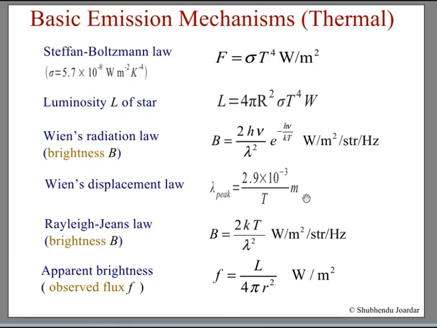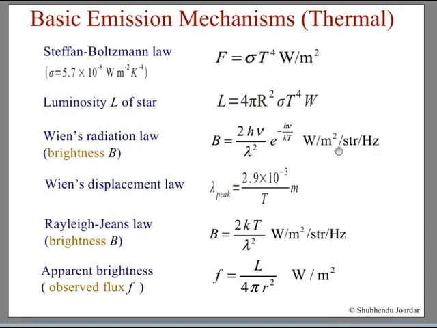Now, as I said, Wien's displacement law, this is about wavelength, and the Planck's law is about brightness B. So you can see it is a simplified expression 2h nu cubed divided by c square. Nu is the frequency, lambda is the wavelength, h is Planck's constant, and e is the exponent, and you can see that k is Boltzmann's constant, and T is temperature in Kelvin.